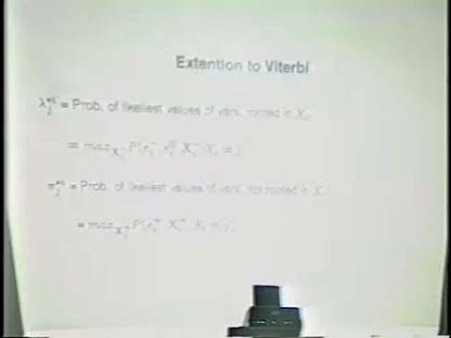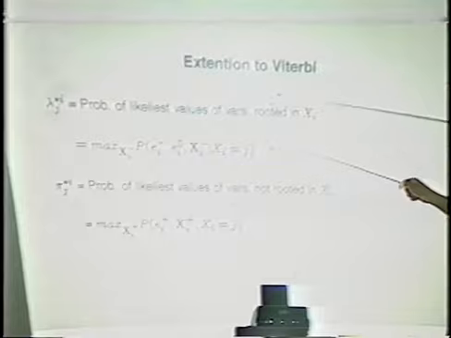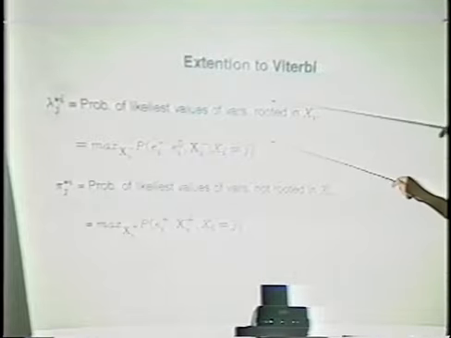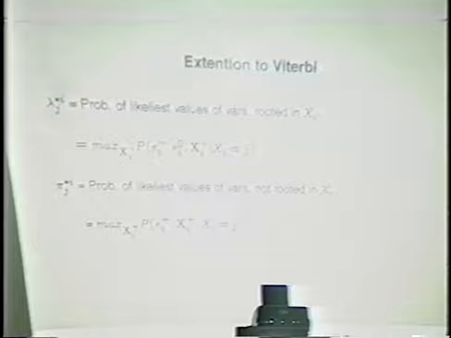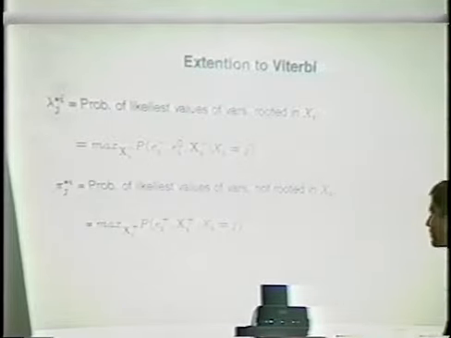The extension to Viterbi computations is pretty straightforward. I'm just sticking a star up there to indicate for the lambdas the probability of the likeliest values of the variables rooted in xi, as opposed to the sum over all the possible values. And the recursion is this.